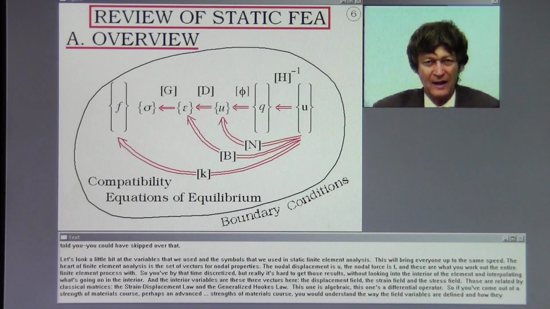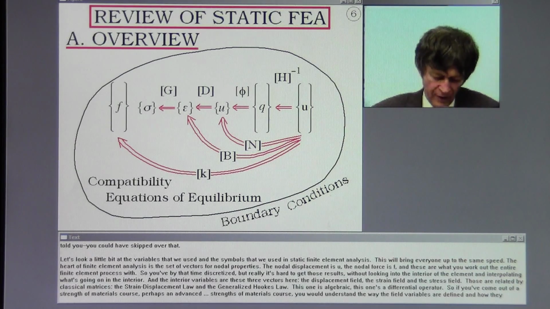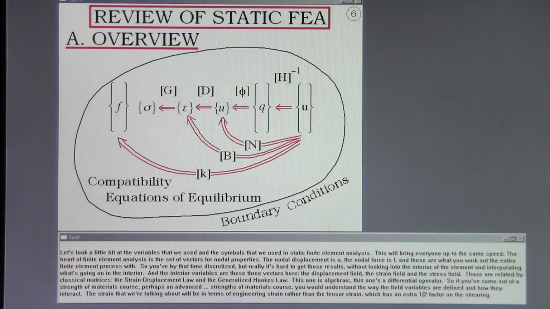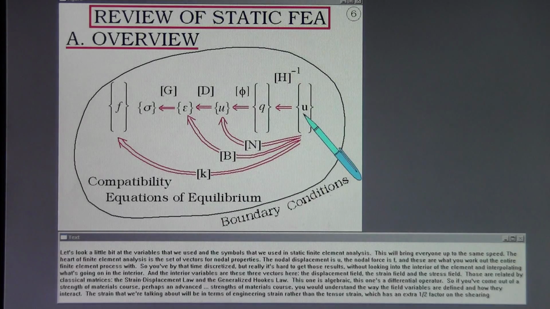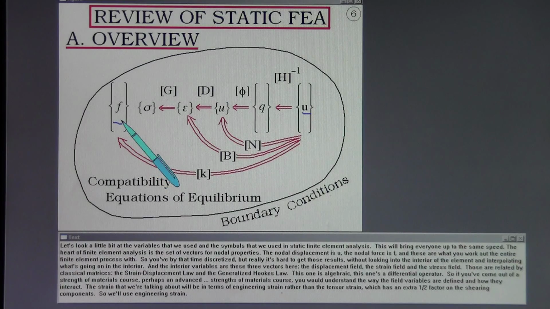Let's look a little bit at the variables and the symbols that we used in static finite element analysis. This will bring everyone up to the same speed. The heart of finite element analysis is a set of vectors for nodal properties: nodal displacements U, and nodal forces F. These are what you work out the entire finite element process with.